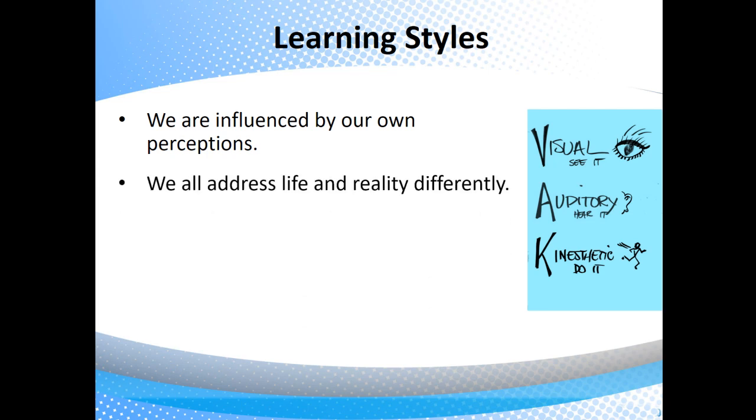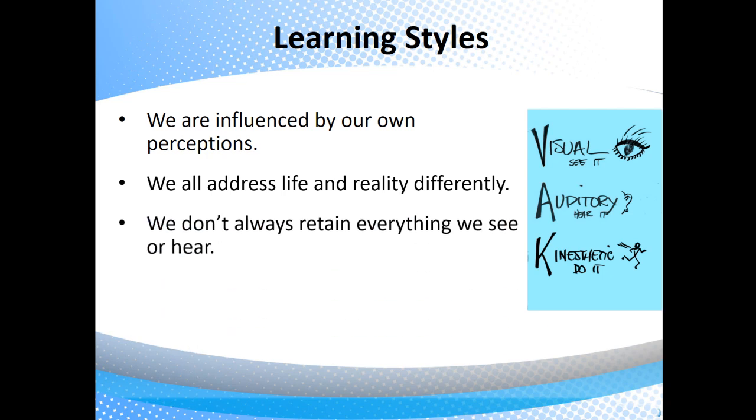So we all address life and reality and what we see, all our experiences differently, and how we react to these. We don't always retain what we see and what we hear. Sometimes we retain more of what we touch, or a combination of two or even of the three.